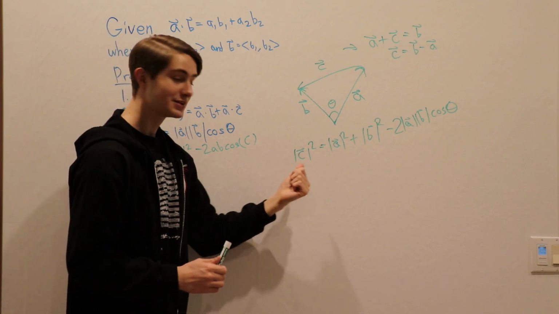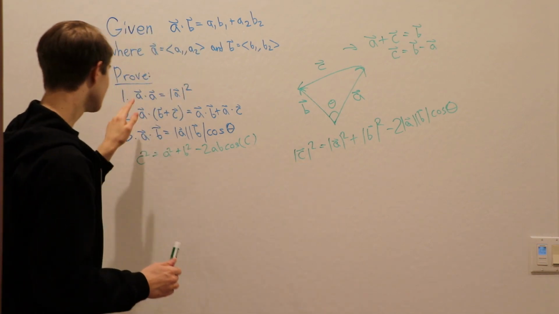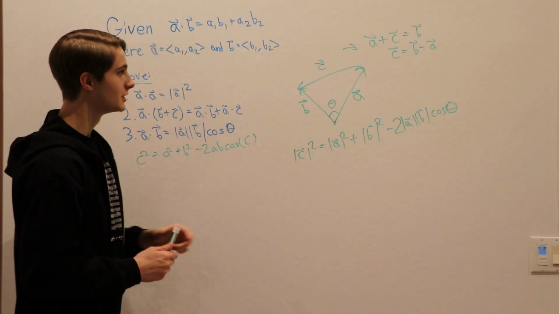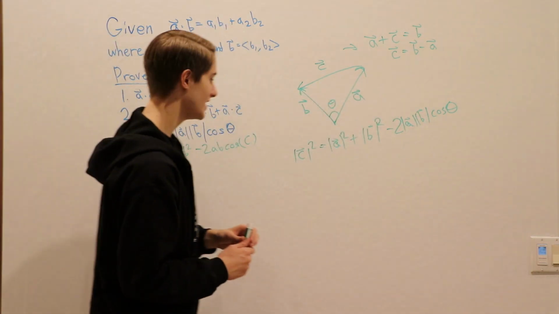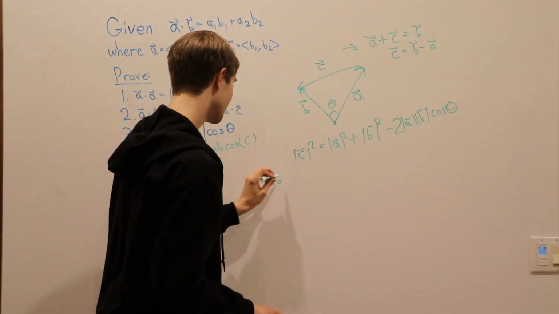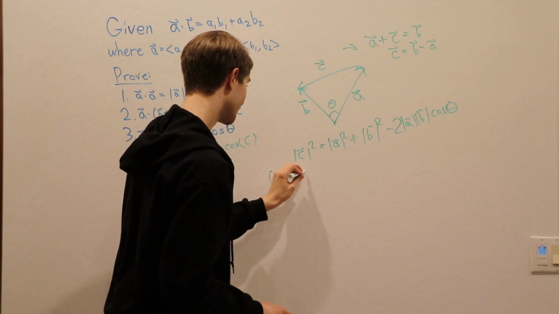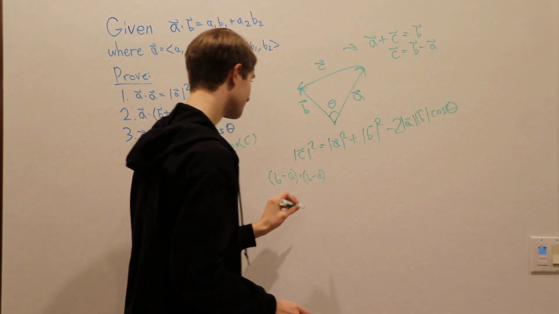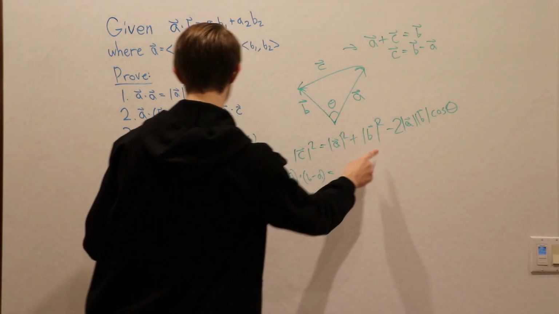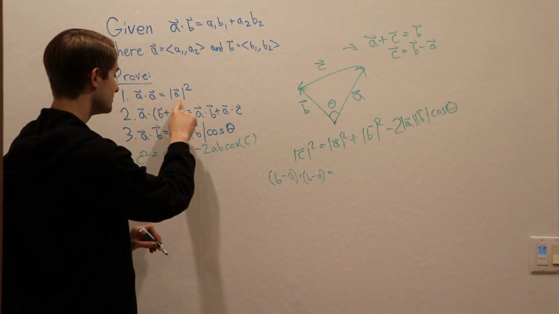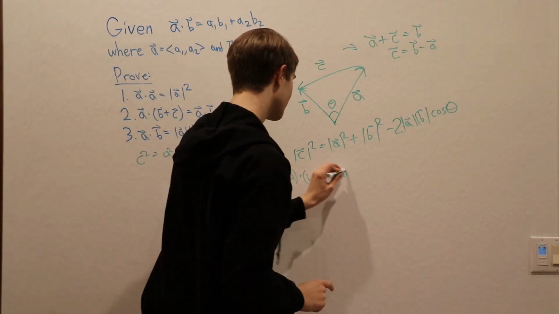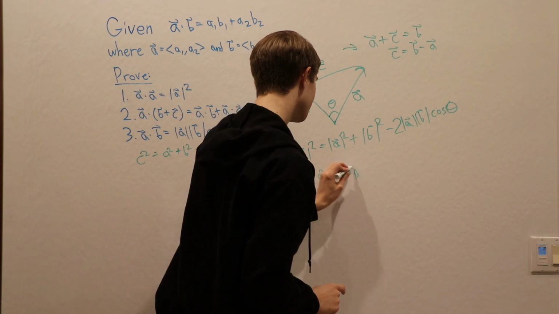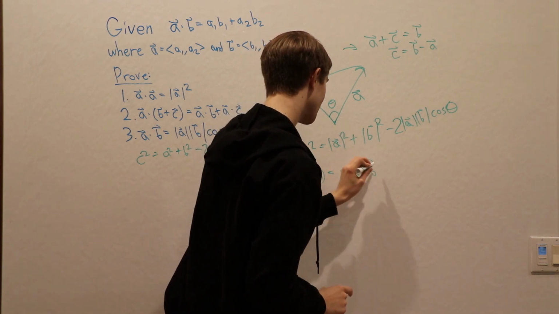So in this case, the magnitude of C squared, well, that's going to be C dot C. But because C is equal to B minus A, this left side is actually B minus A dot B minus A. And then we can do the same thing with A and B. We know that the magnitude of A squared is A dot A, and then the magnitude of B squared is going to be B dot B.